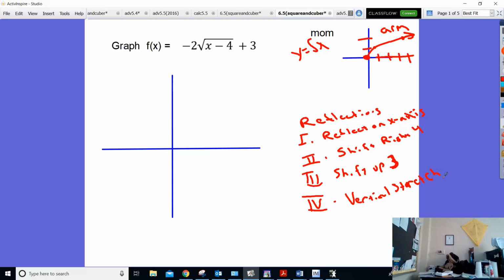So everybody should have an idea what this thing's going to do. We go to the right 4, up 3, and how's it going to open? Like that. Going to go right 4, up 3, and open down.